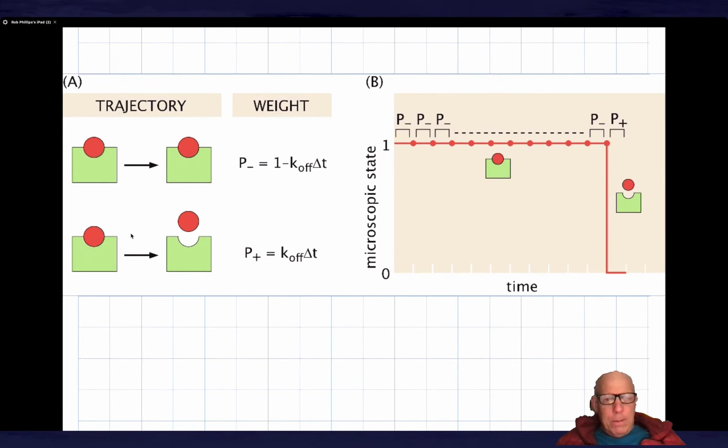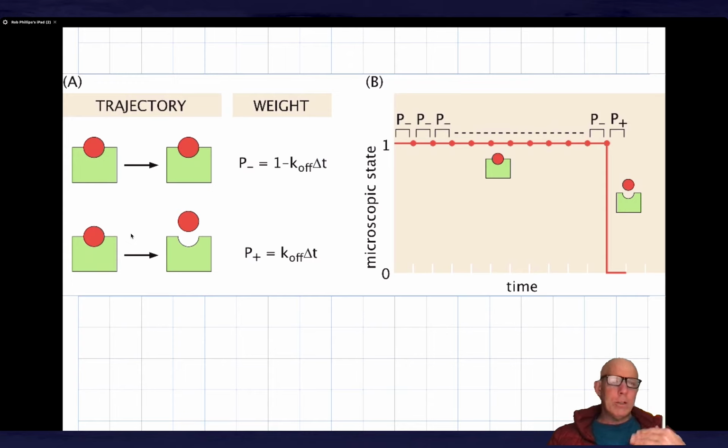Now, let me try to give you a little bit of a sense of how this works, like the logic of how we're going to construct that probability. So the thing that I want to call your attention to, here I'm showing ligand receptor binding, but the mathematics is exactly the same, whether it's this or ion channel opening or the stepping of a molecular motor.